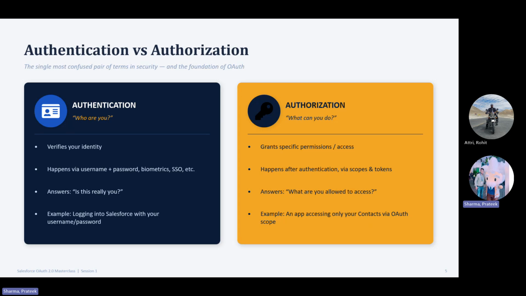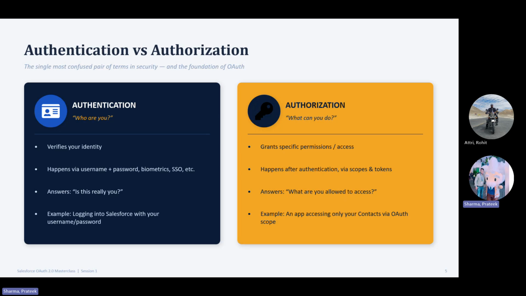Authorization: what can you do? Let's say you are logged in to Salesforce, what all the objects and fields you can access, and what all the records for different objects you can access. It means granting specific permission, and it happens after authentication, so you can only access the data after logging in to that application.